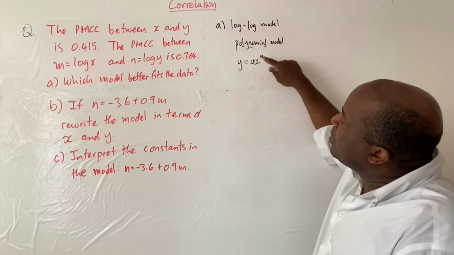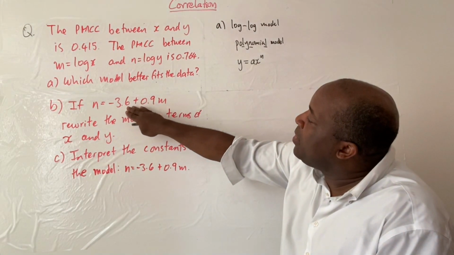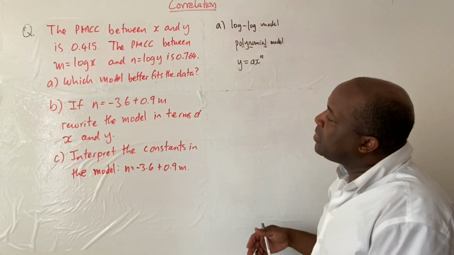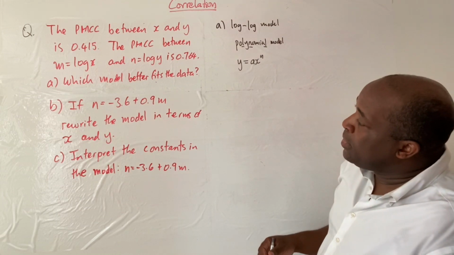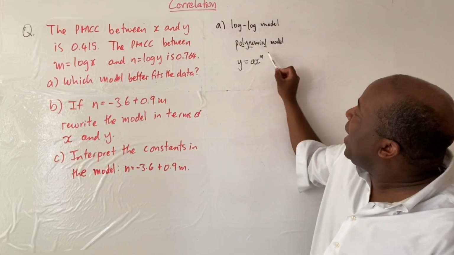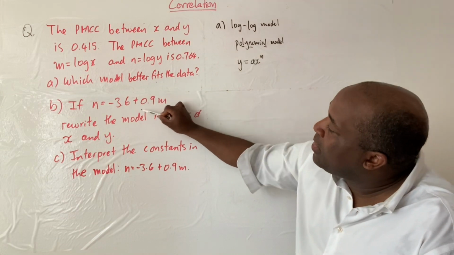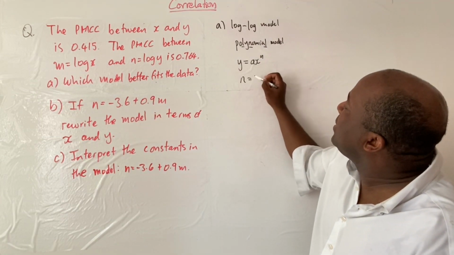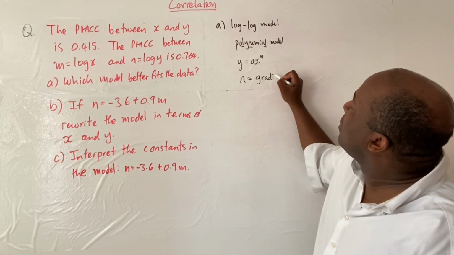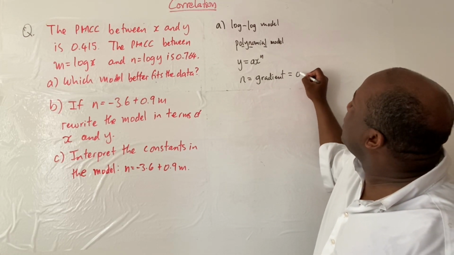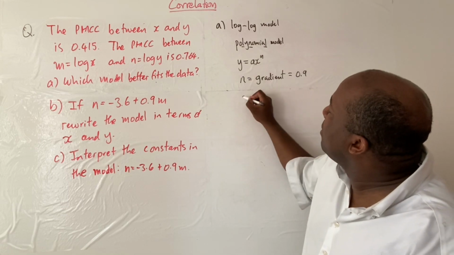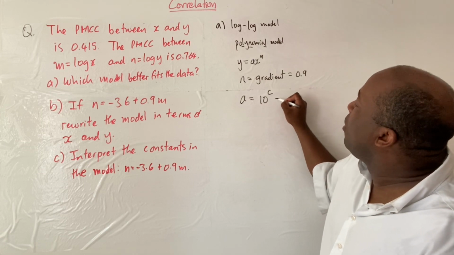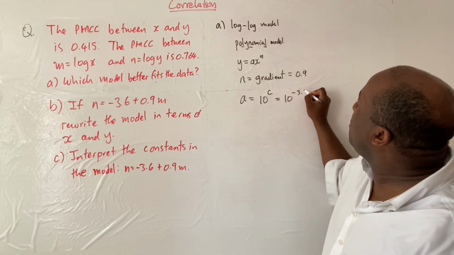So we can move quickly from this to that form if we wanted to. Where n is going to be the gradient, so n is equal to the gradient, which is 0.9, and a is equal to 10 to the power c, which is 10 to the minus 3.6.